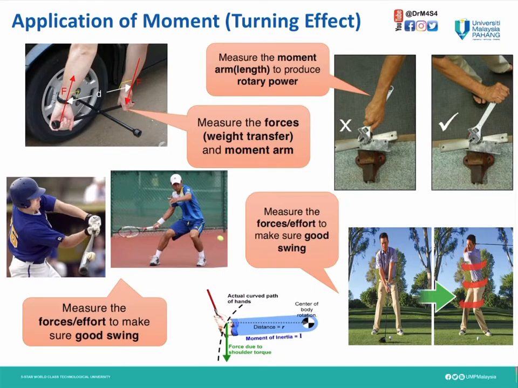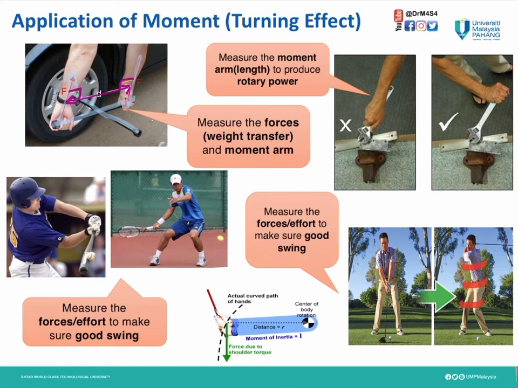Here is another example. When we change our tire, we use this tool where we apply force on both sides, and from that we know the perpendicular distance. So we can calculate the moment we need to unscrew the tire.